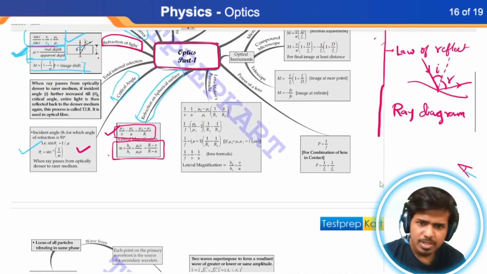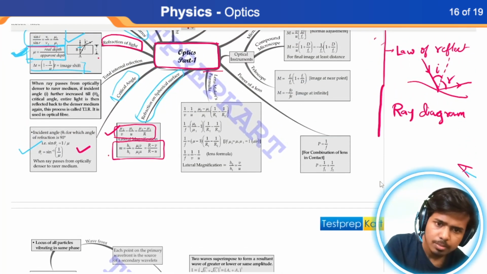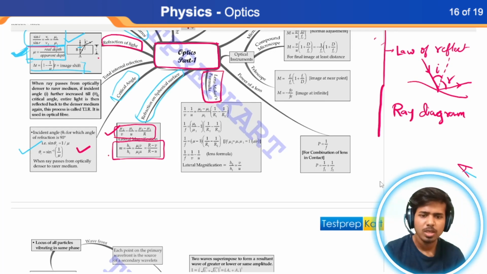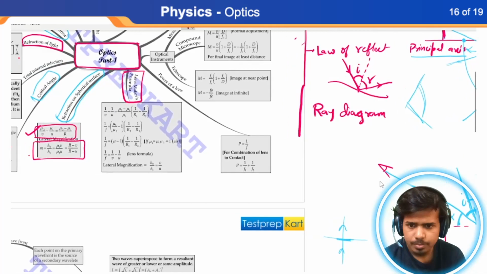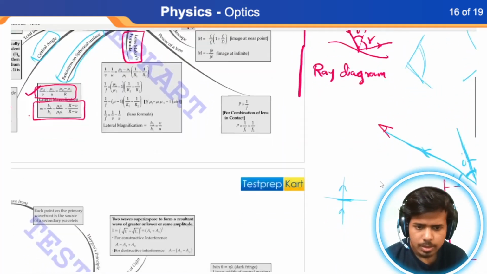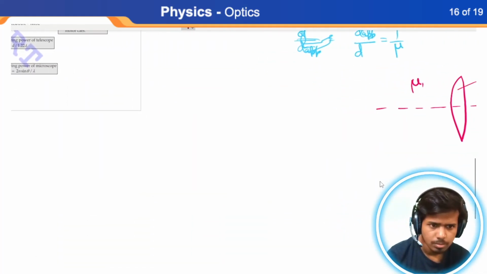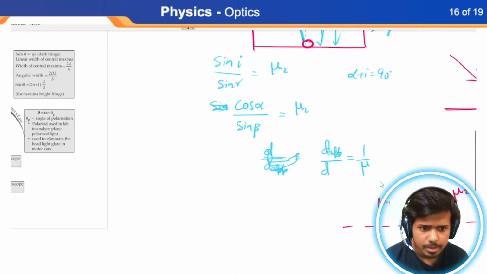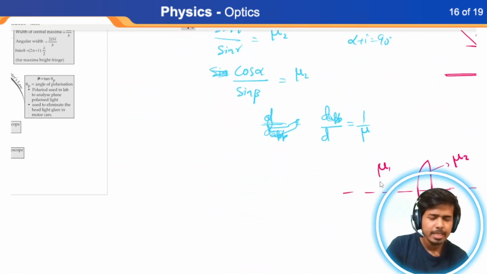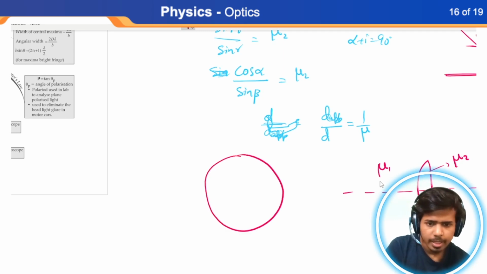Now you have something called the lens maker's formula. Basically for making a lens, one has to take a sphere and cut one section.